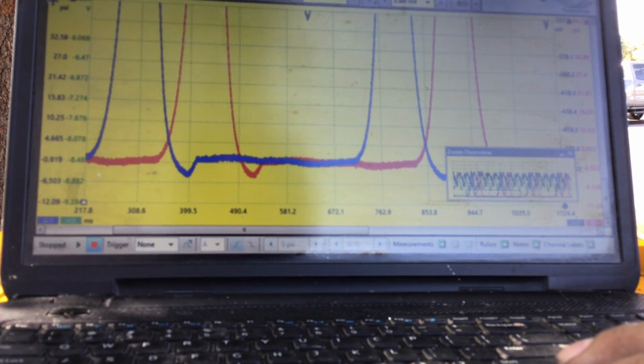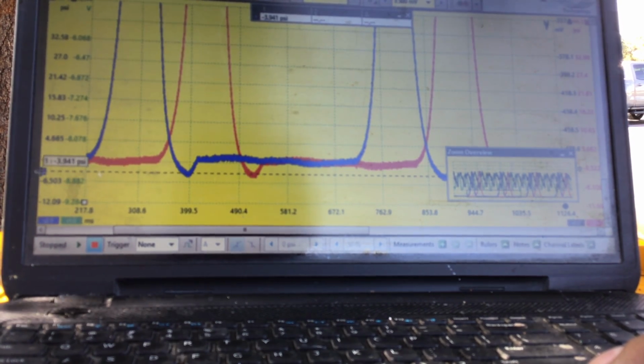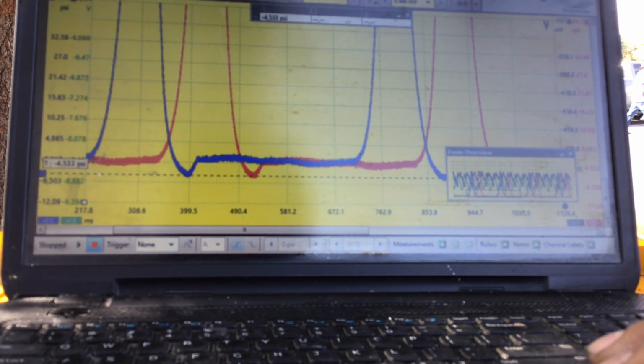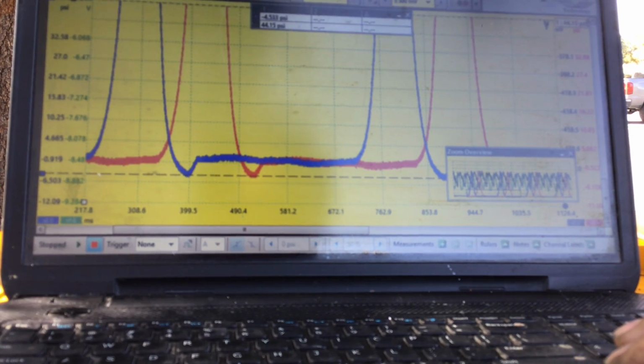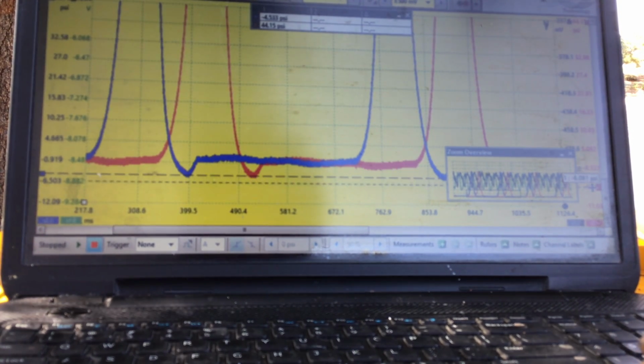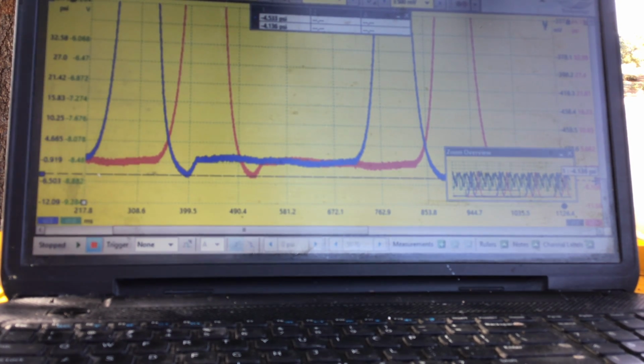Okay, so this is cylinder 1. We haven't made adjustments yet. Our lowest pocket, blue, is about minus 4.5 psi, and our red is about minus 4.1. I'm going to write them down so we have a baseline.